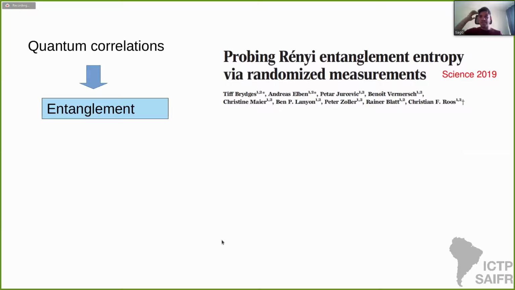Nowadays it's possible to measure entanglement measures. Entanglement is a quantum correlation without classical analog. In these systems, one can measure entanglement measures nowadays. Of course, it's not an easy task.